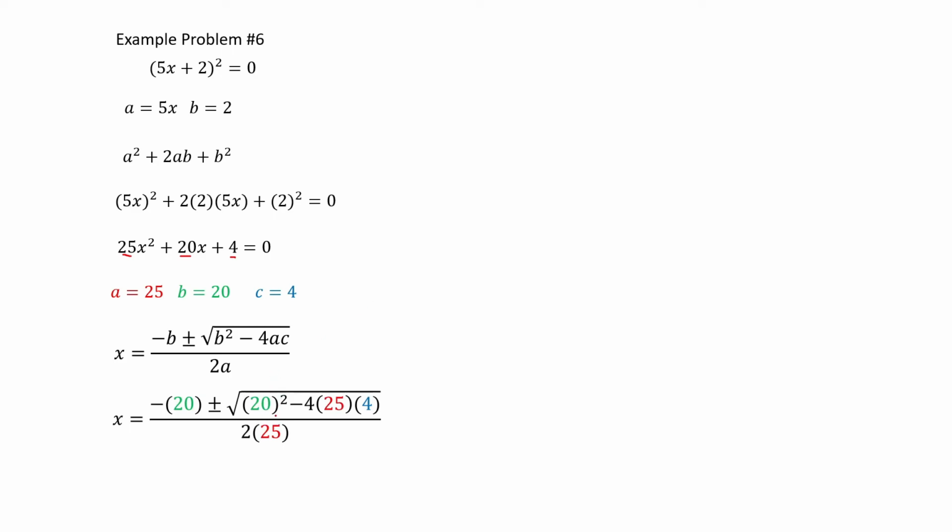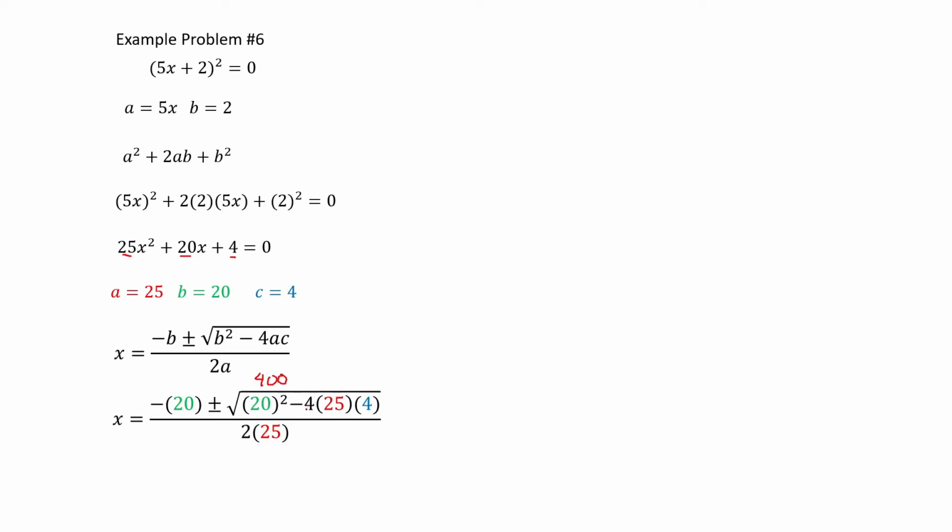Quadratic formula, and apply the a, b, and c to the quadratic formula. And now, answer first the inside of the square root. So this will be 20 squared. So 20 times 20, that's 400.